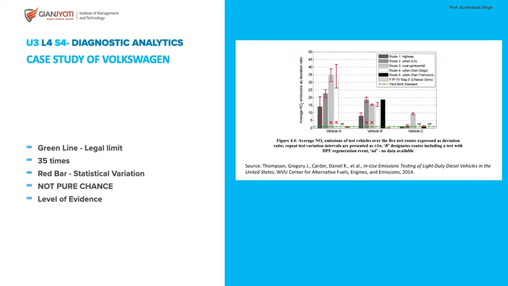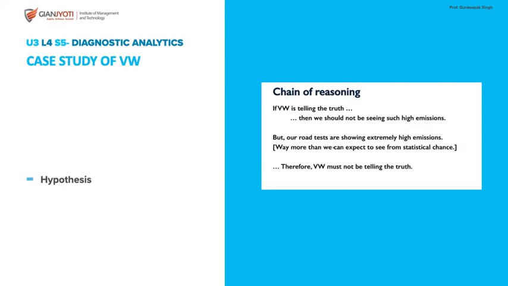Taking that statistical variation into account, this is the lower limit, still it was very high, there was a big gap. So they were convinced that there is something wrong, and they have enough good level of evidence to prove that what Volkswagen is claiming is wrong.